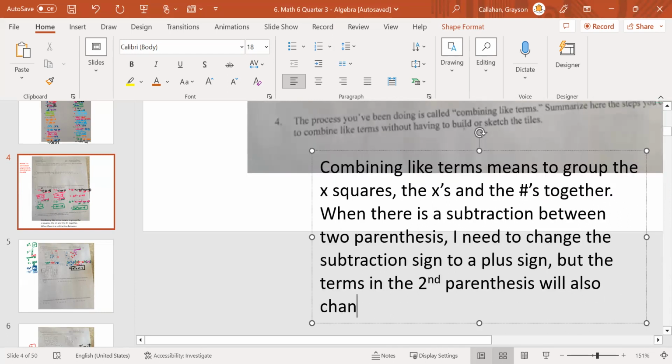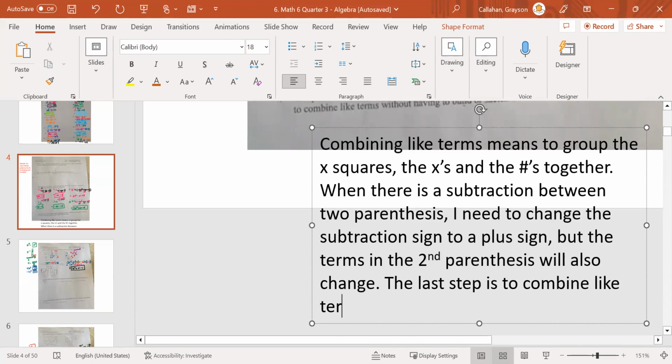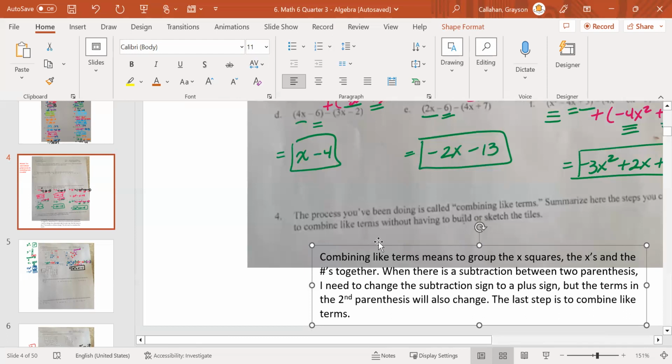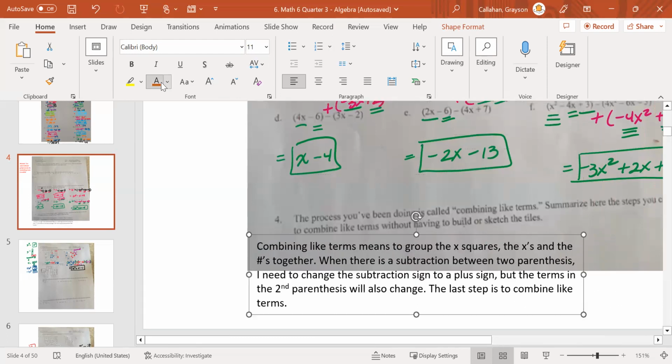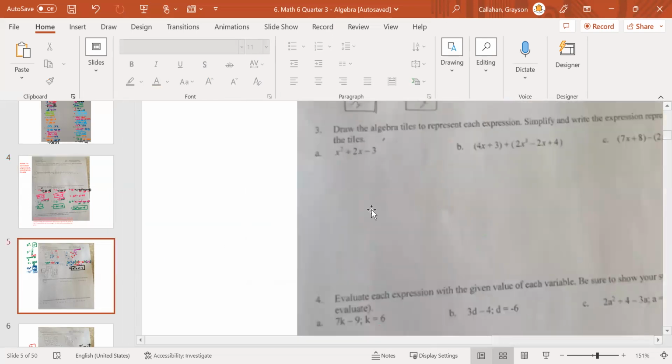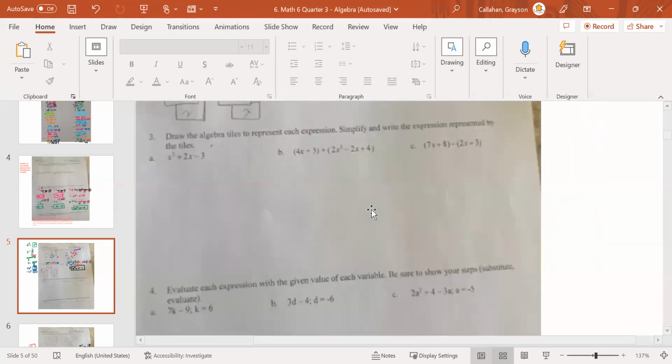Does that make sense? The last step is to combine like terms after you have completed that, okay? So something to that effect. Like I said before, you're going to go ahead and try this out. So check your answers with mine and make sure you're doing this on your own and not just simply relying on the video, okay?